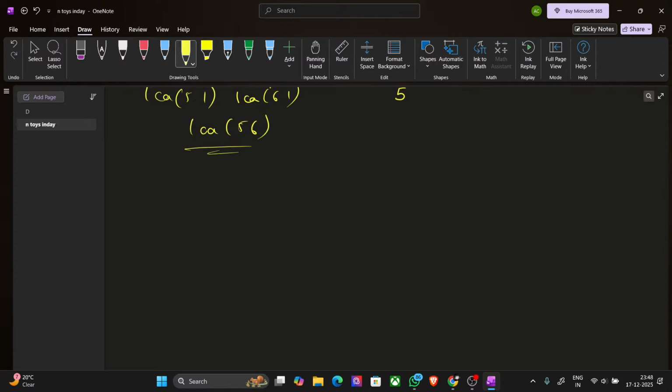Okay. So how will I connect all these elements?